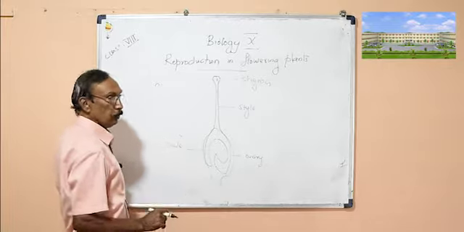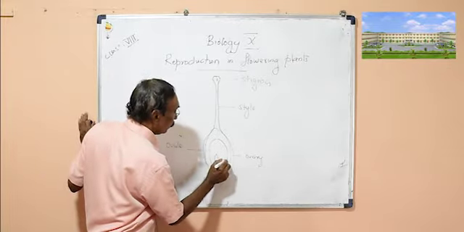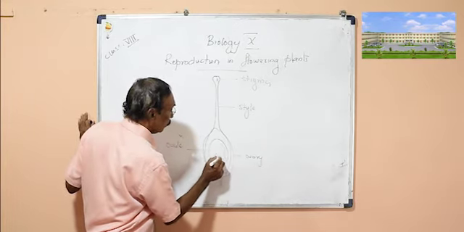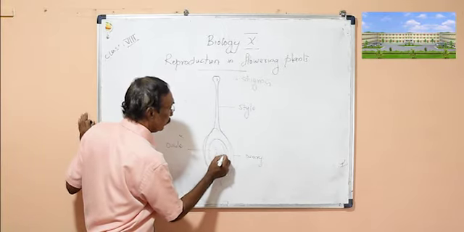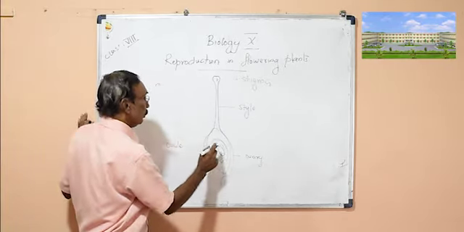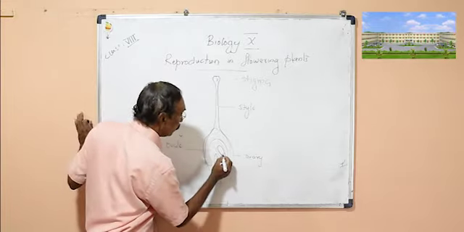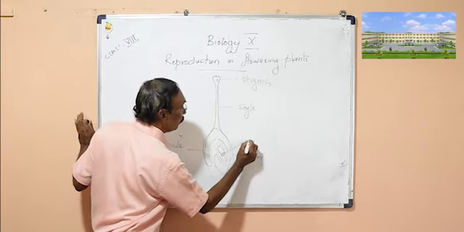If you take a section of the ovule, it has some coverings outside. We will study that later. It has a name in documents, but it is not given in the textbook. This is another part called the embryo sac. You need not remember that, but there is one important structure, the female gamete.